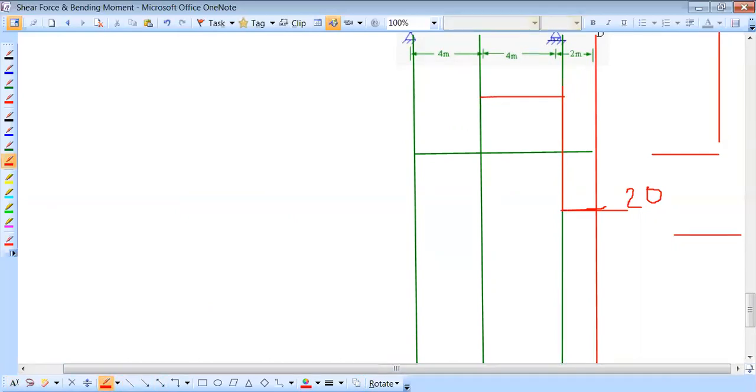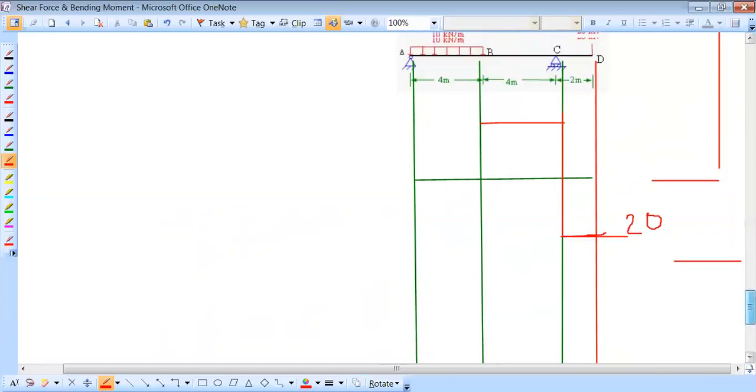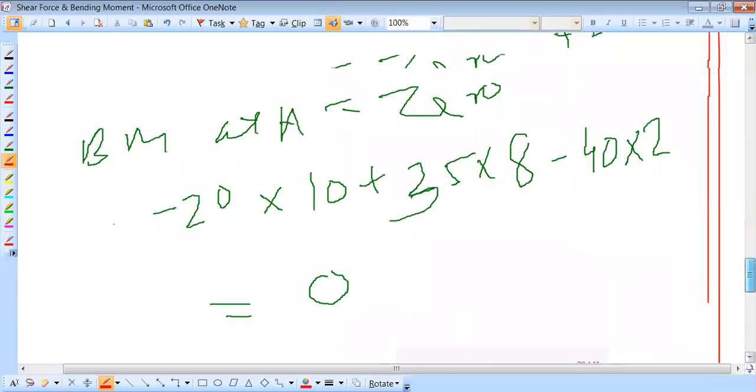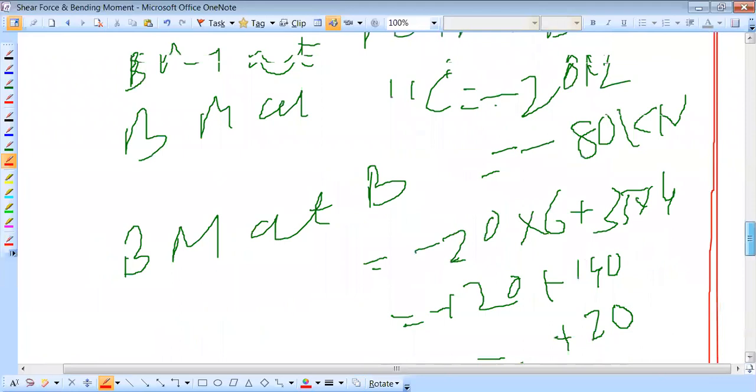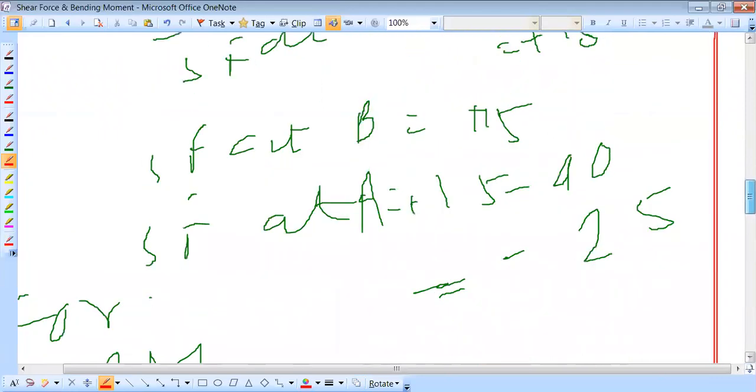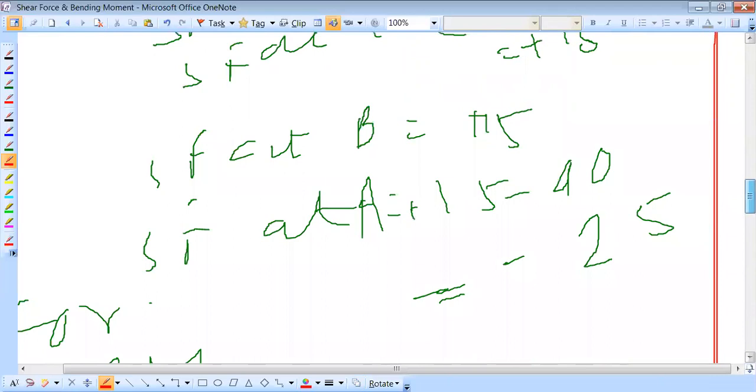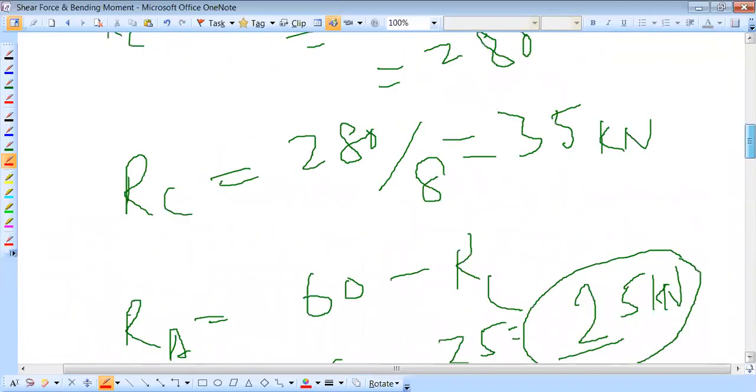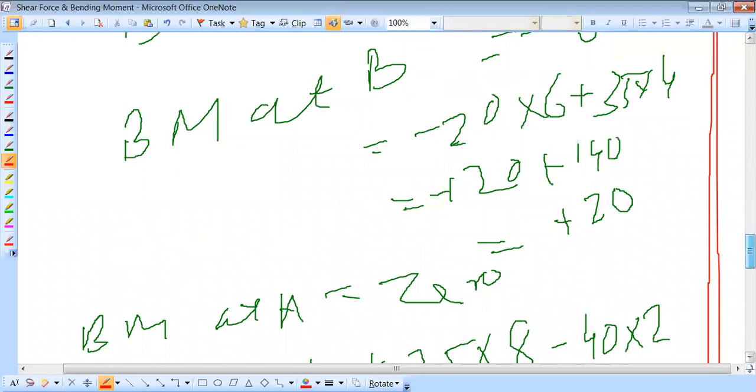So point B we have already drawn. Then point A is equal to how much? Let's see. Point B is equal to C, and point A is equal to -25. That is the UDL load between A and B. You can see that in the figure, -25.